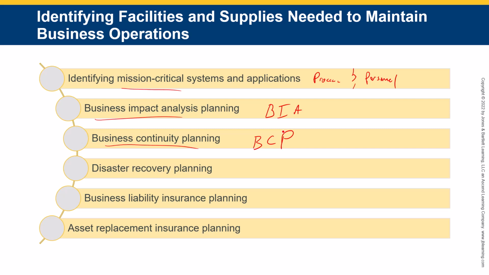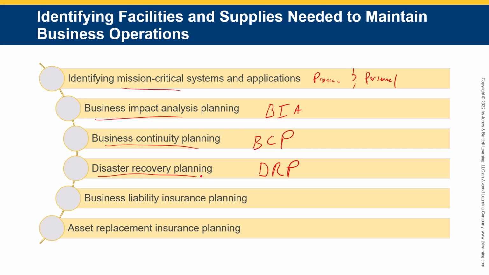That allows us to figure out how to make sure we have the appropriate supplies, facilities, and recovery points for all identified systems, applications, processes, and personnel. Again, the BIA identifies them, the BCP puts them together, and then we have a disaster recovery plan, which helps define the plan for recovering if an emergency does occur.